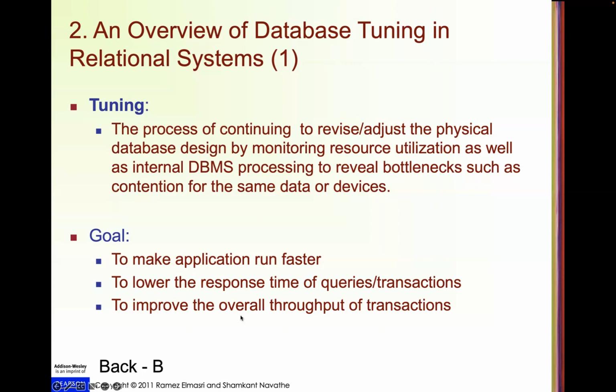So in order to do these three things, the DBA has to monitor the resource utilization and the ongoing bottlenecks related to a DBMS. So this is the goal, and this is the action to make this goal possible.